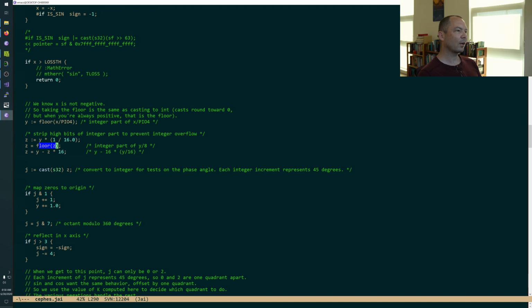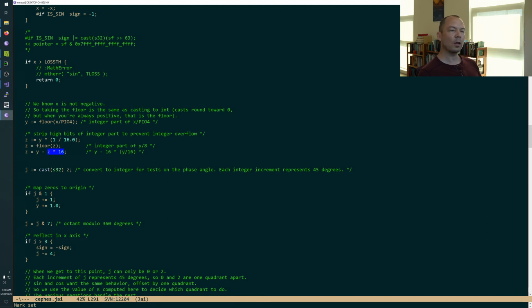This only makes sense if you're in float. If you're in int and you right shifted by 4, then that's automatically a floor because you shifted off the bits, right? And then we multiply by 16. That's the same as left shifting 4 if it's an integer.